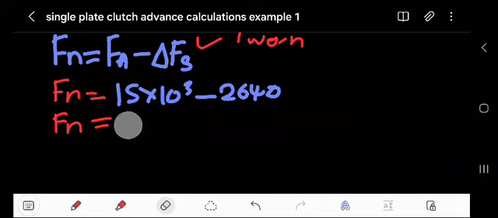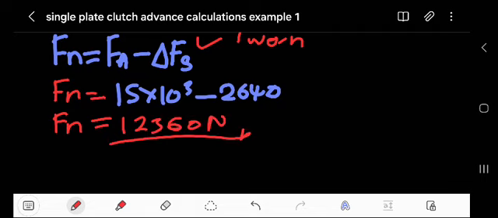It should be 12 336 Newton. Yeah, I can double check: minus 2640. Yeah, this is what you'll have.